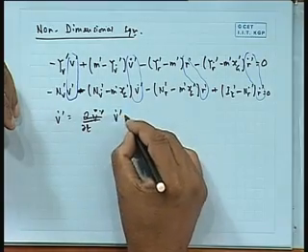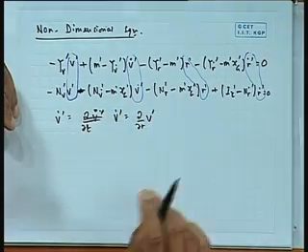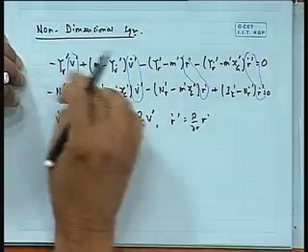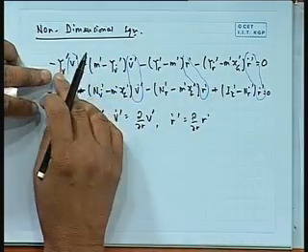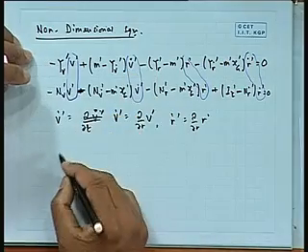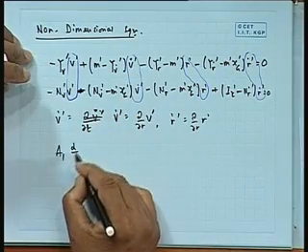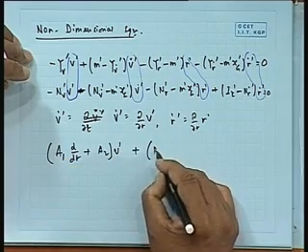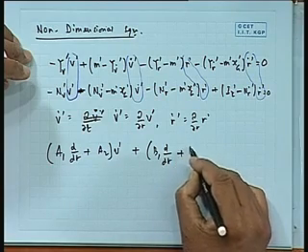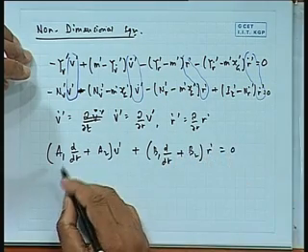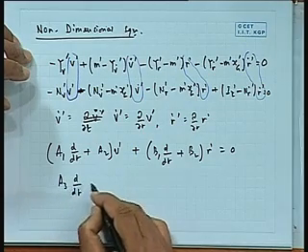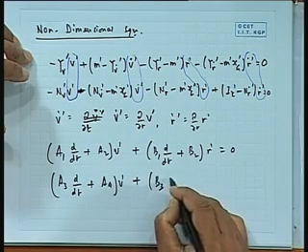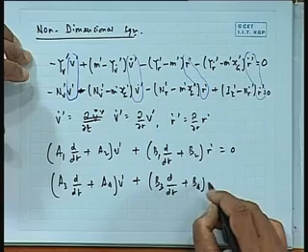In other words, v dot dash equal to d by dt of v dash, r dot dash equal to d by dt of r dash, etc. So, if you write it in a more compact form, then supposing I call it A1, I can write these two equations like this: A1 d by dt plus A2 into v dash plus b1 d by dt plus b2 into r dash equal to 0, and A3 into d by dt plus A4 v dash plus b3 into d by dt plus b4 into r dash equal to 0.